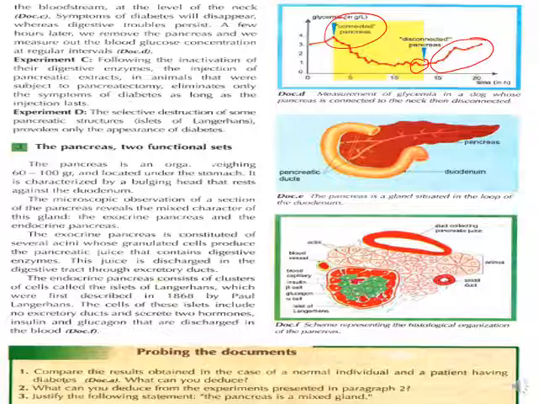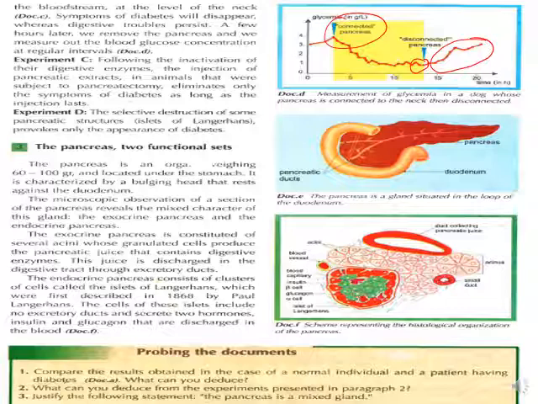This means that these structures, the islets of Langerhans in the pancreas, are responsible for the decrease of the level of glycemia. So the pancreas produces, through the islets of Langerhans, hormones that are released into the blood, and they can cause a decrease in the level of sugar. This is the conclusion here.